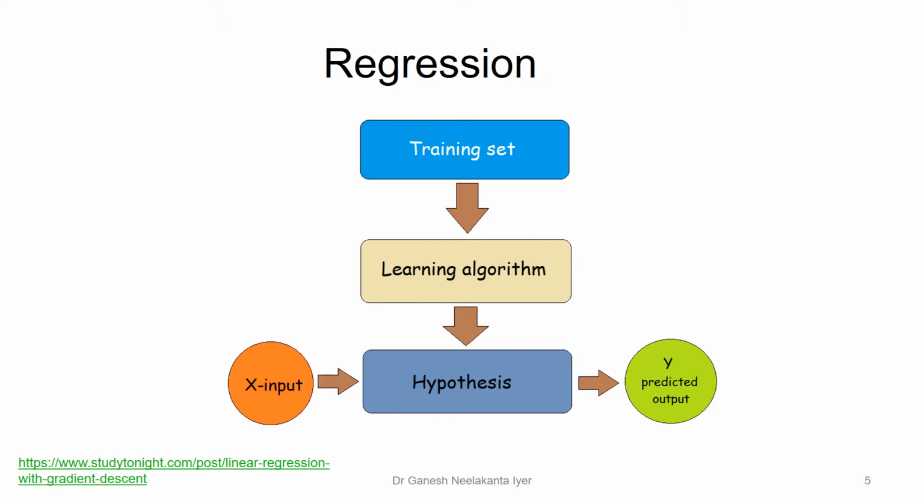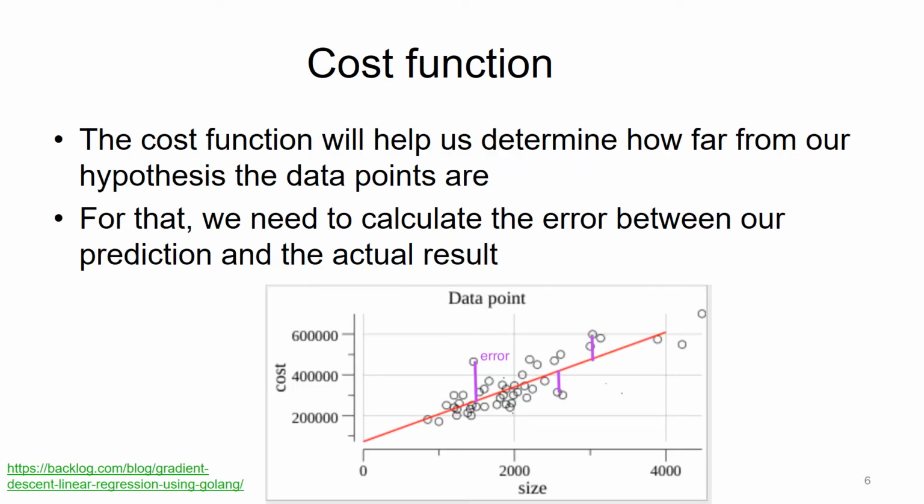So, to summarize what regression is, there's a training set which is applied to a learning algorithm, and then the inputs are given to the hypothesis which is formed based on the learning algorithm and predict the output. The cost function will help us determine how far from our hypothesis the data points are.